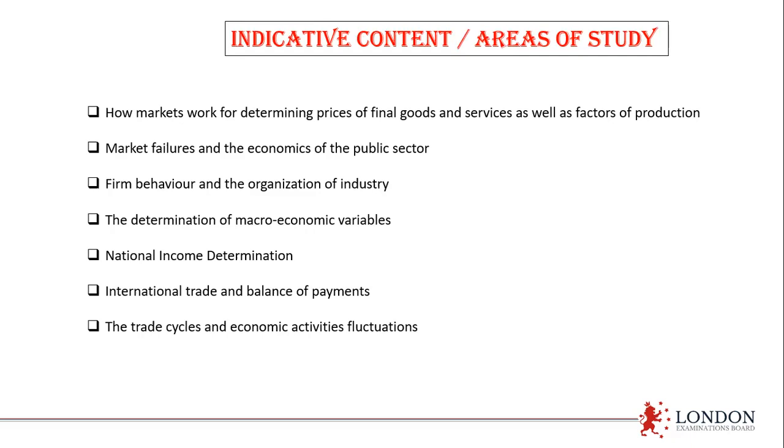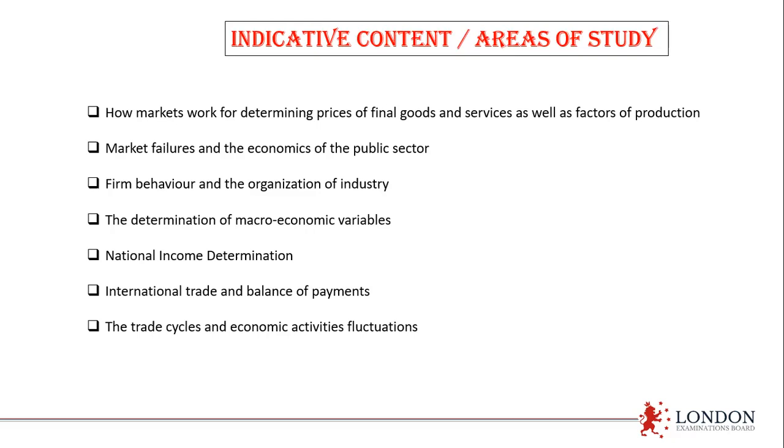Macroeconomics also studies economy-wide phenomena such as inflation, price levels, rate of economic growth, national income, gross domestic product, changes in unemployment, even international trade and balance of payments, etc. So these functions are determined by macroeconomics.